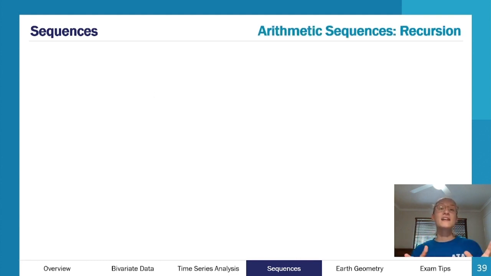So arithmetic sequences versus geometric sequences, just to give you the 1,000-foot overview. Arithmetic sequences are what we just looked at on the previous slide: 2, 4, 6, 8, 10, 12, 14, 16, on and on. These are patterns where our rule requires adding the same number each time. Think arithmetic, adding.